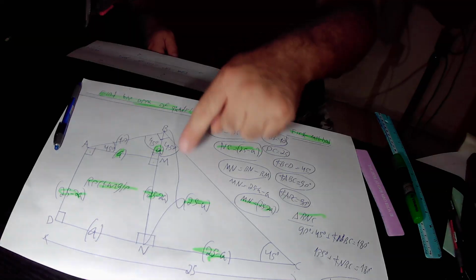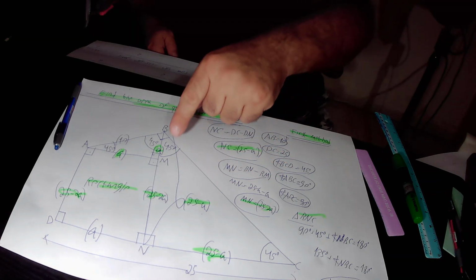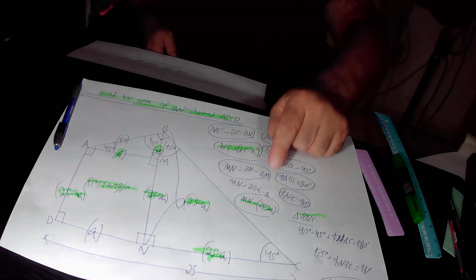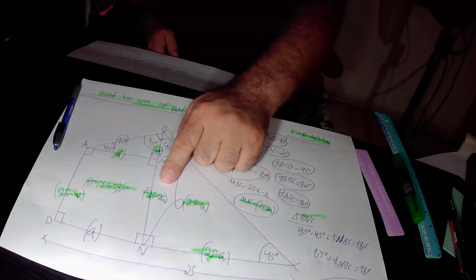So MN equals BN, that is 25 minus A, minus BM, that is A. So in total MN equals 25 minus A minus A, that is 25 minus 2A.